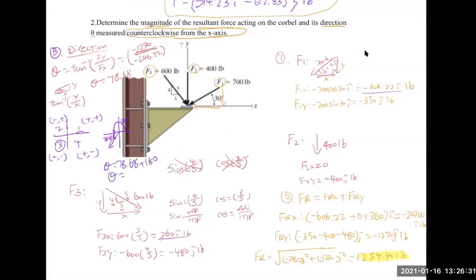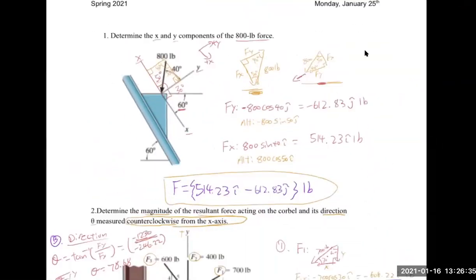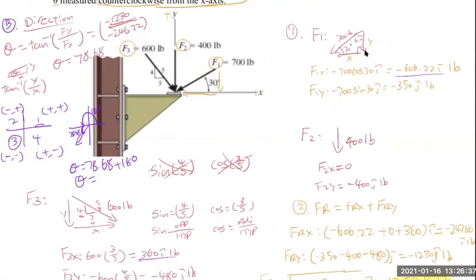Then our theta is going to be equal to 258.68, and that is counterclockwise from the positive x-axis.